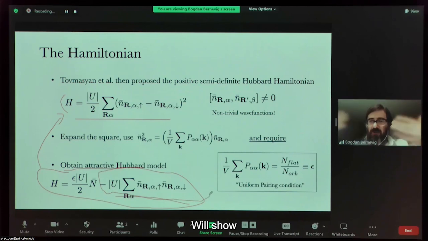But really they all come from having this positive semidefinite structure. So this is not very different from twisted bilayer in a sense.